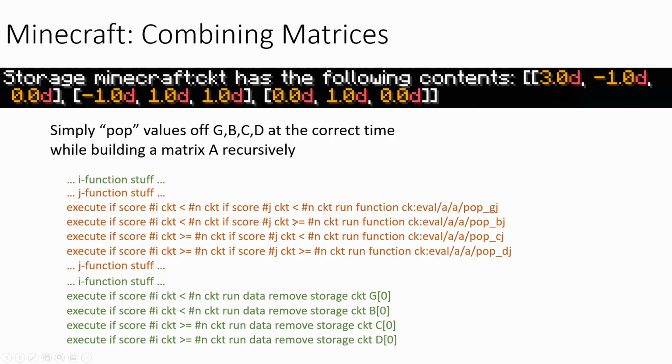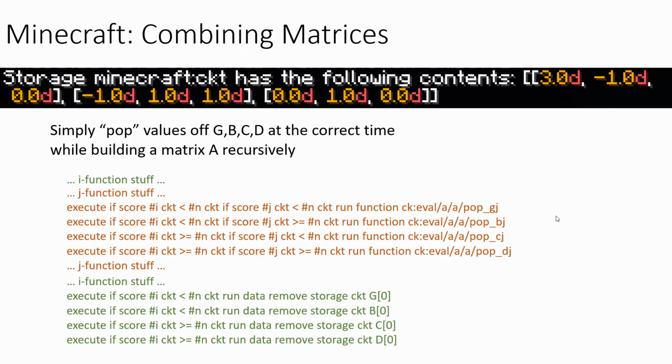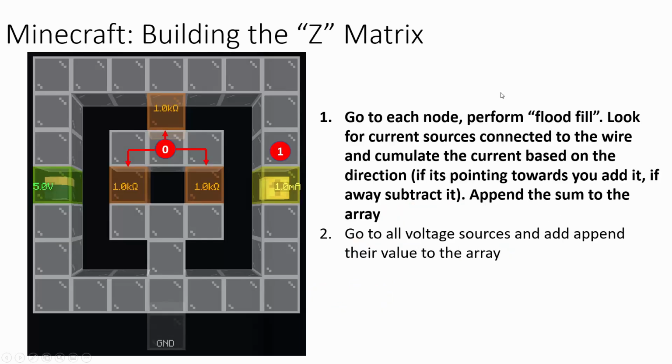And then same with the J, so you have all this logic of whether to pop from G, B, C, or D, depending on where you are in the 2D array. And then again, depending on where you are in the array, pop a row off of G, B, C, or D.